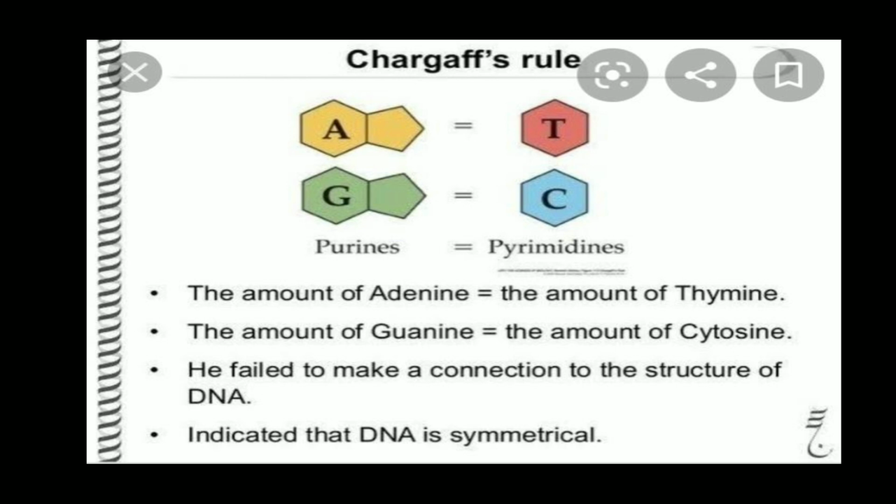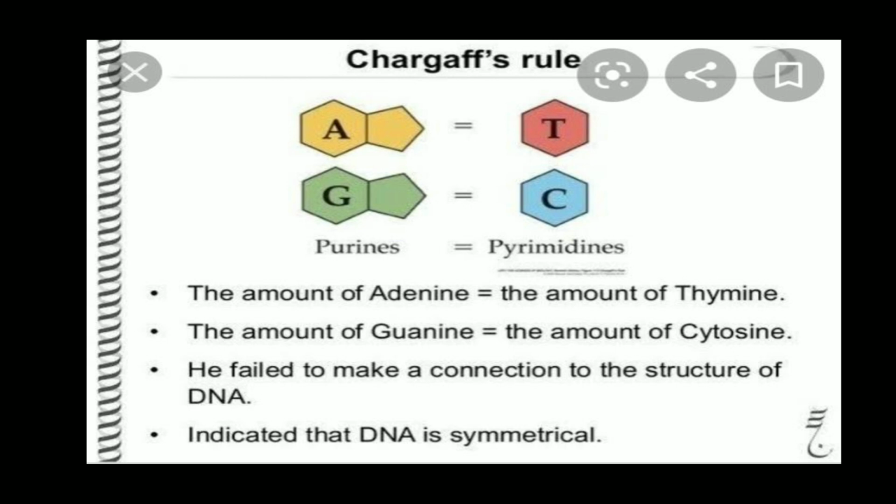Chargaff's equivalence rule has been found to apply almost universally in different organisms, like viruses, bacteria, plants, and animals. However, the DNA isolated from higher plants and animals was generally rich in adenine and thymine, and relatively poor in guanine and cytosine.